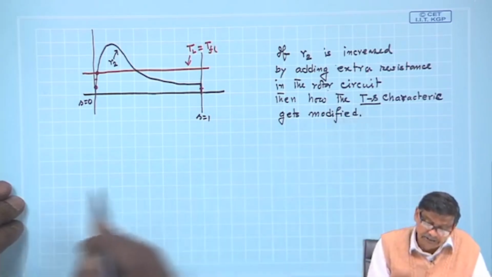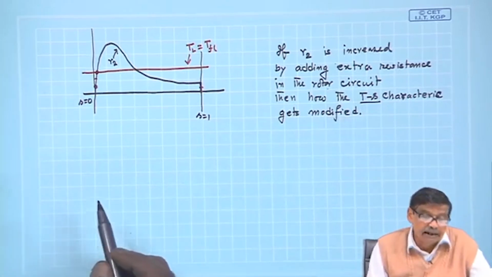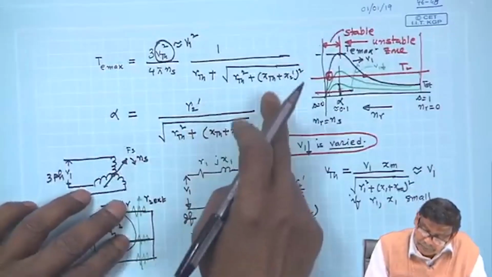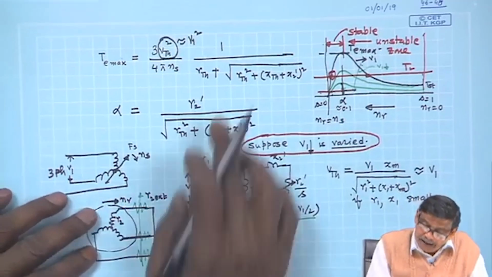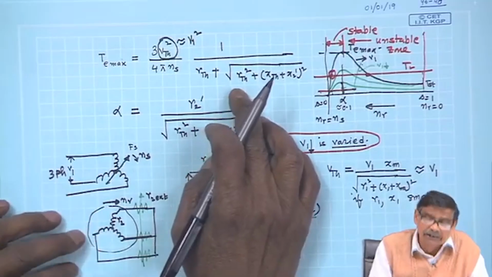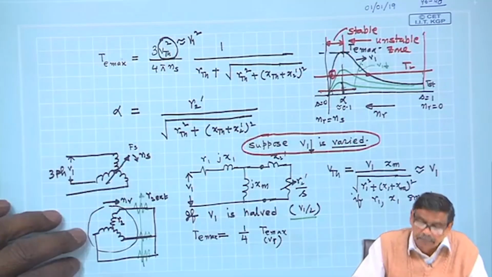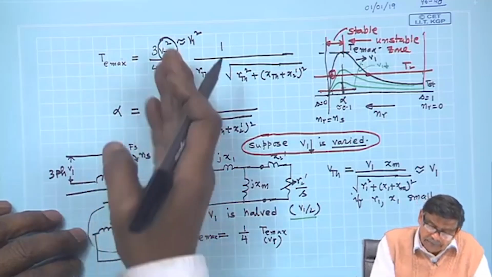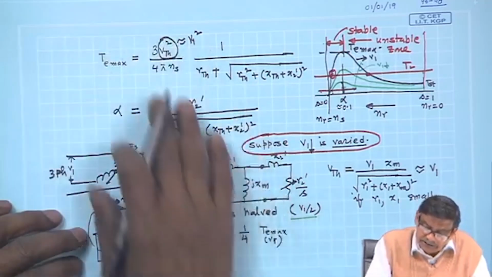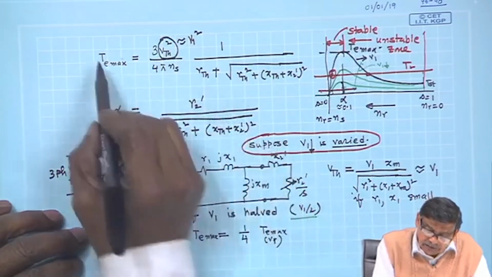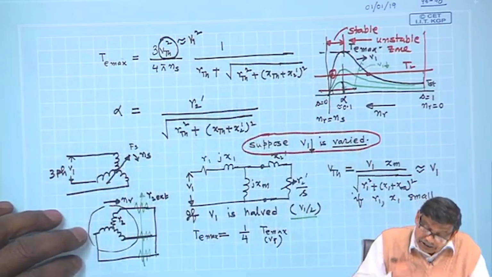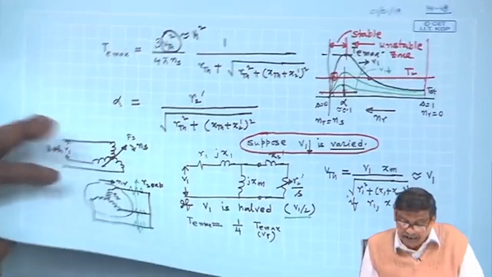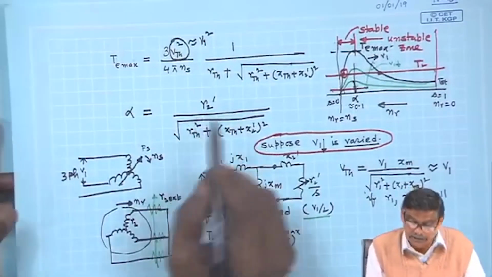Now, the value of T max, if you look at the expression, does it depend on R2? No. R Thevenin has to do something with R1 and Xm. V Thevenin is the supply voltage, constant, there is no R2 dashed. So, T max value is not going to change. What is going to change is the slip at which maximum torque occurs.